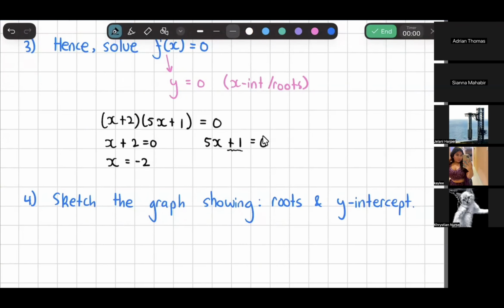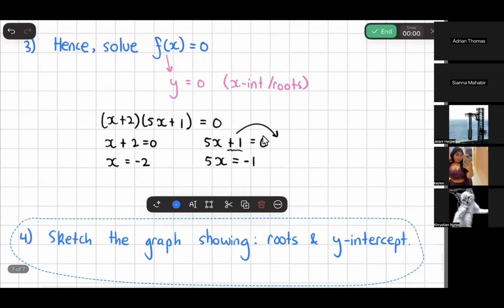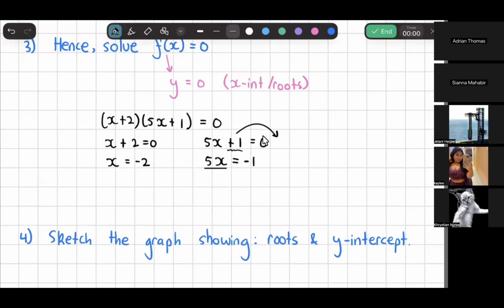I'm going to take the 1 and move it across. If I move across 1, it's going to turn to what? Negative 1, sir. Yes, negative 1. Now to find x, I'm going to do what on both sides? Divide by 5, sir. Yes, I'm going to divide by 5 on both sides. So my final answer is x equals minus 1 over 5. Yeah, that's it.